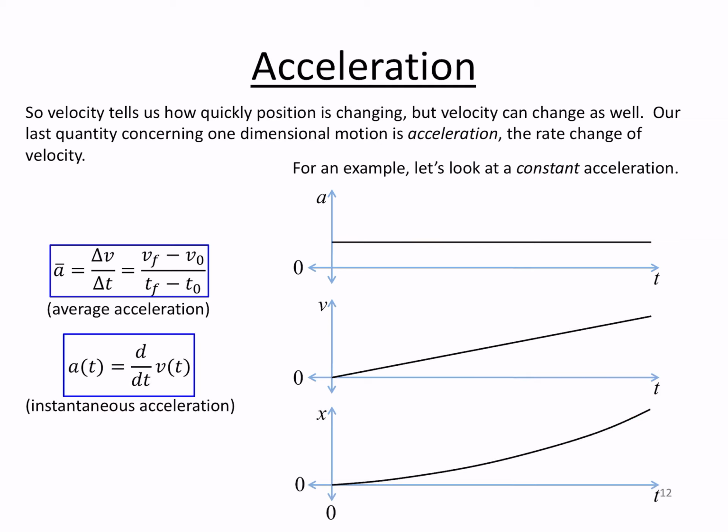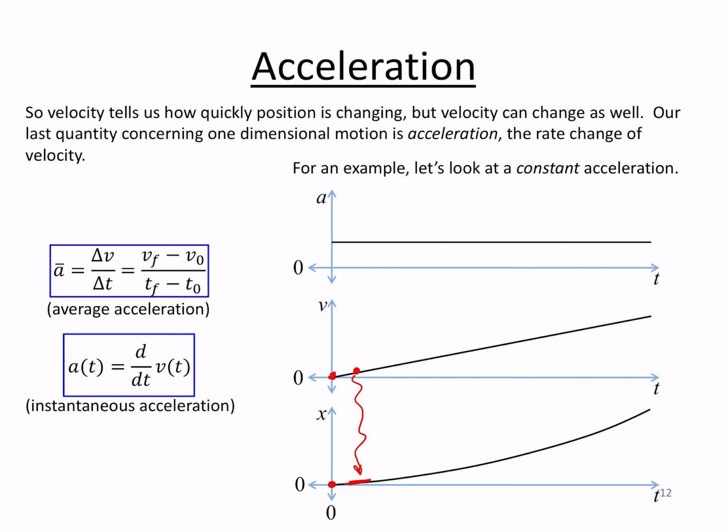And then when you go to x versus t, you have to think about it maybe just a little bit more, but not too much more. If we start at 0 velocity here, well then the slope for an instant on our x versus t graph down here is also 0. And if we move along in time so that we're just a moment later where the velocity is relatively small, then the slope of this graph down here at that moment is quite small, close to horizontal, but not horizontal.